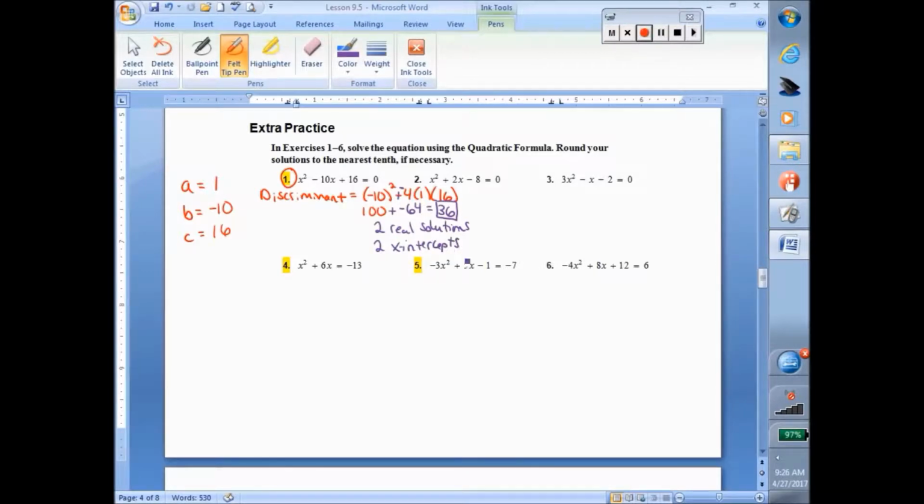So after we solve using the quadratic formula, we could use those solutions to graph our x-intercepts. So now that we found the discriminant, we know that we're going to have two solutions that we need to look for when using the quadratic formula. Now I know right now you might still be seeing this discriminant as something extra. So let's go ahead and use the quadratic formula and find those two solutions.